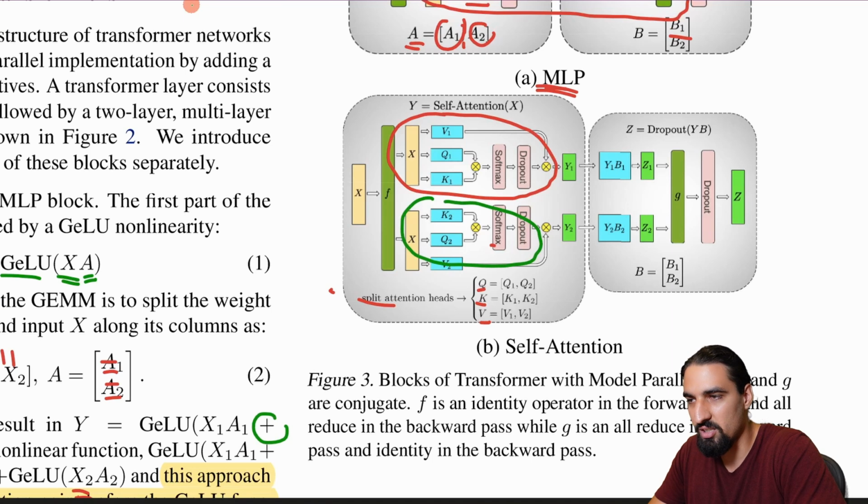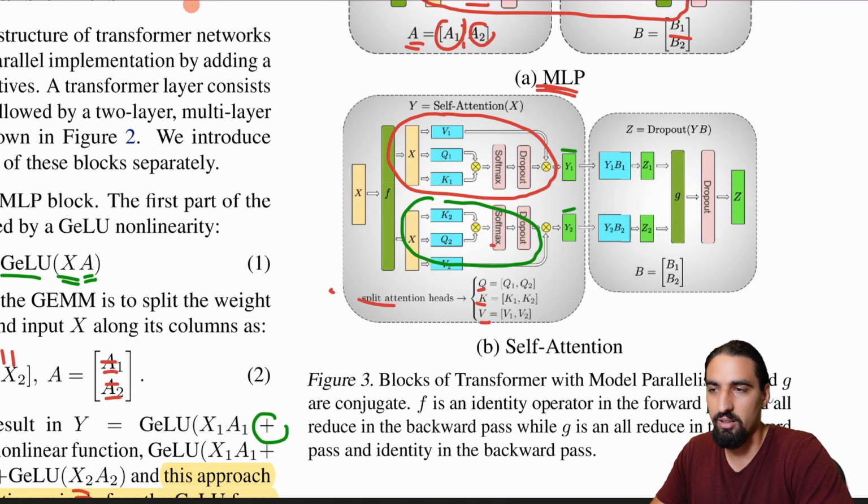So these are the head 1 representations, and these are the head 2 representations. Then we feed them here, and this is the already familiar breakdown of the feed-forward layer, where we do the row-wise splitting. You can see that we again have to have the G, because we have to synchronize them, and then we get the output representations.